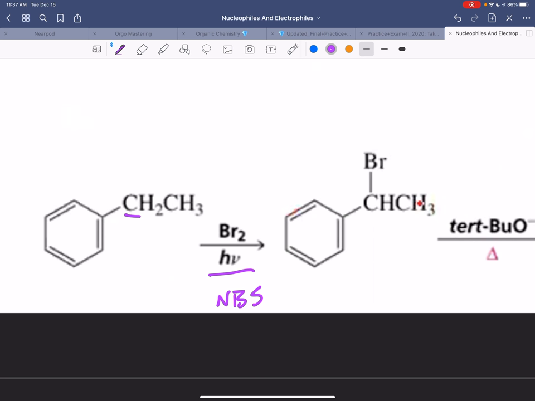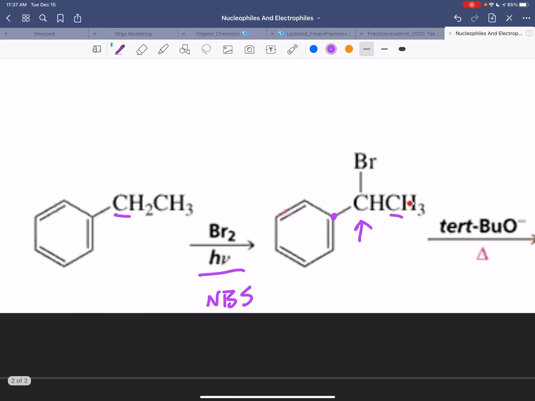It's also technically a secondary carbon, because it's attached to two other carbons, so it's going to be the more stable location. So now we have a leaving group, and we can eliminate this using a base. I don't know if OH minus would work here. Tert-butoxy is usually a good bet. It's a bulky base.